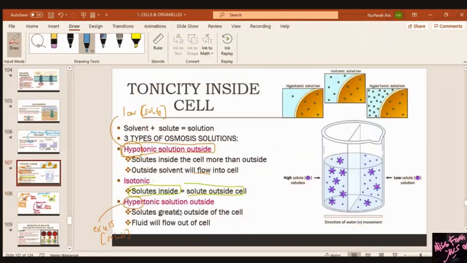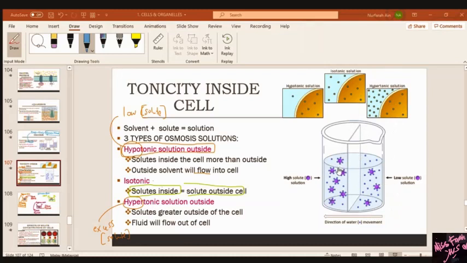I'm going to show you this video, and hopefully you can understand it better. You see this beaker, it contains two portions separated by a semi-porous membrane, the left part and the right part.